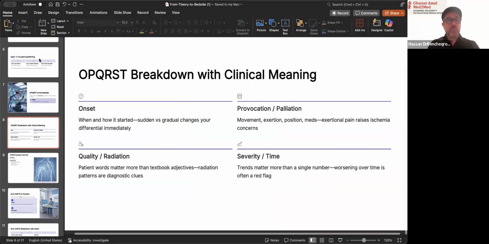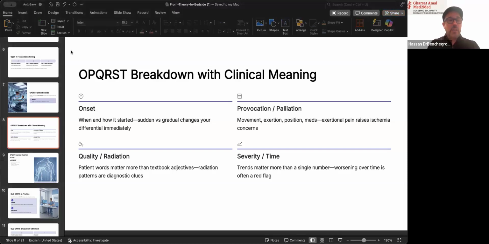OPQRST means: for any symptom, for example pain, cough, headache, or dizziness, the first thing is O, the onset, the beginning of the symptom. Second, provocation and palliation, the aggravating and relieving factors. Third, quality and radiation, the type of pain and its spread. And finally, severity and time, the intensity and the change over time. We use OPQRST when something is really acute, something that could be severe. For example, I come in and say I passed out, I lost consciousness, or I tell you I have crushing chest pain.